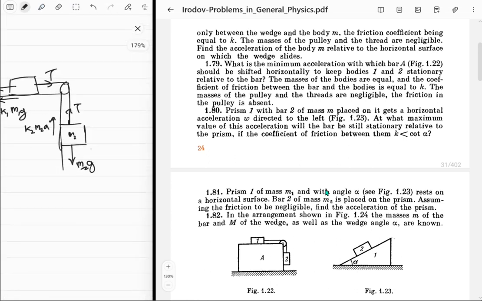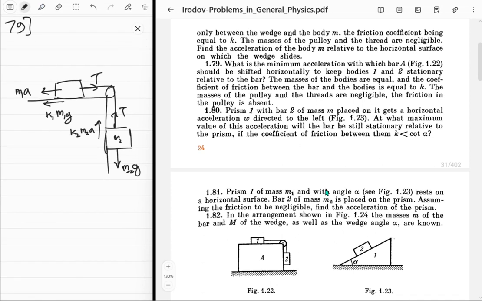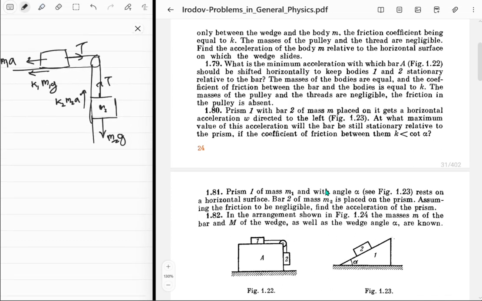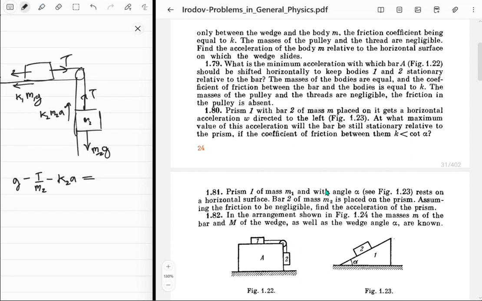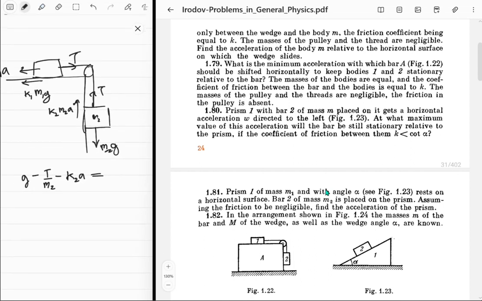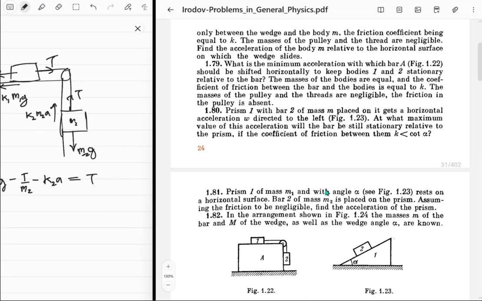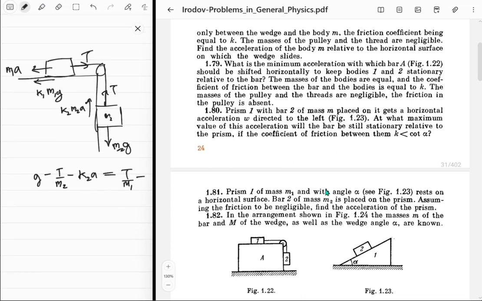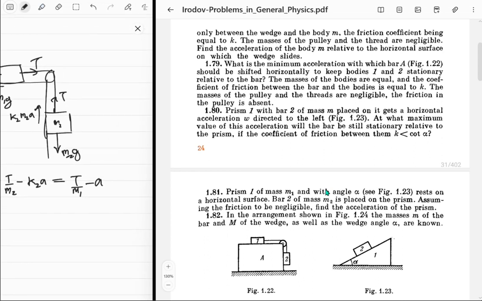Okay, and this M2G is pulling it down, right? Cool. Now, what do we do with it? Of course, equate accelerations. So we have g minus T upon M2 minus K2A is equal to T upon M1 minus A, right?